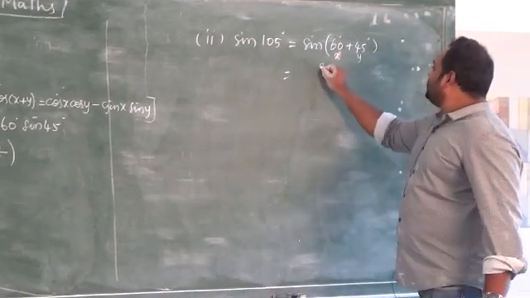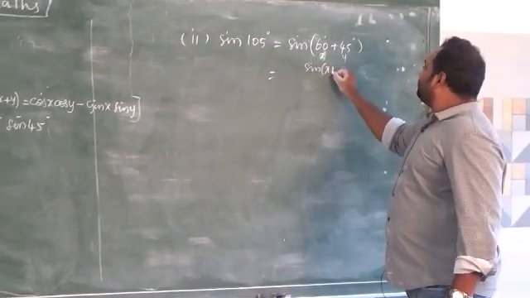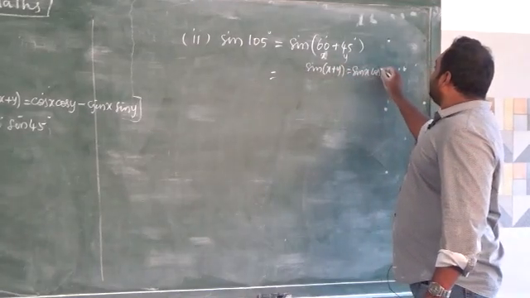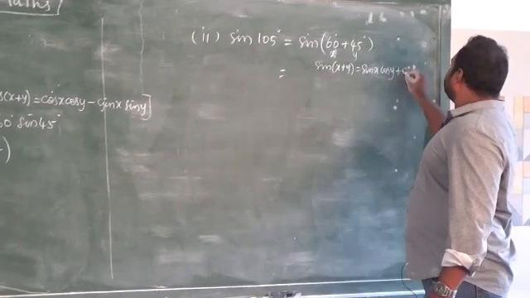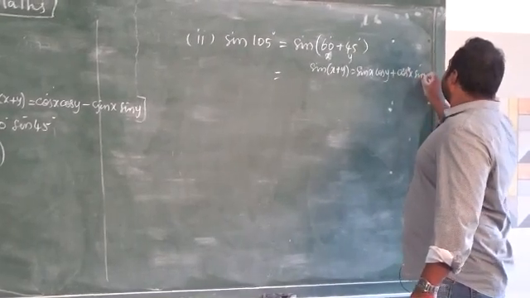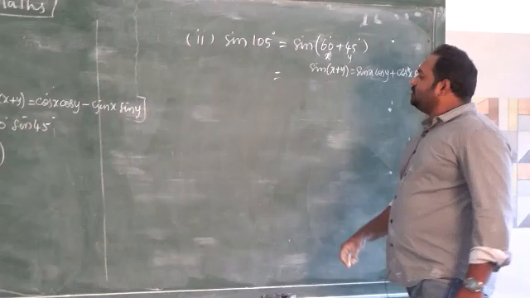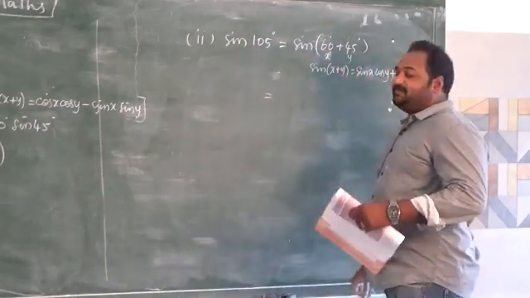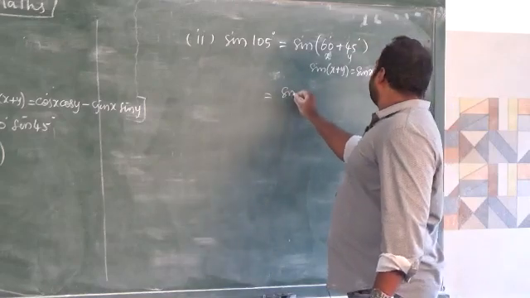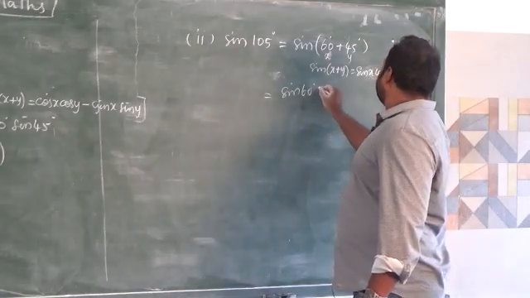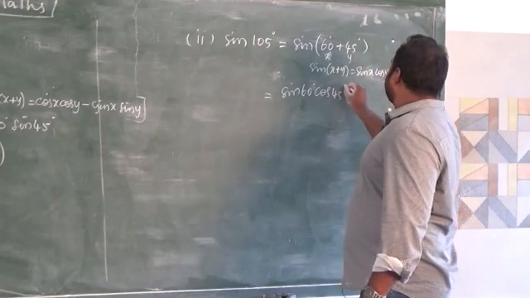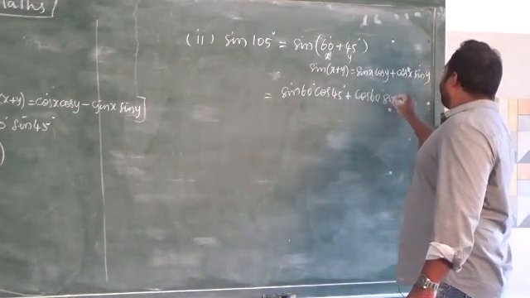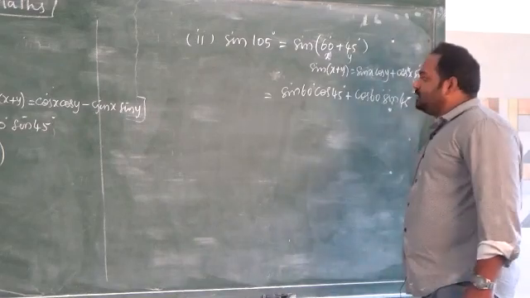The formula is sin of x plus y is sin x cos y plus cos x sin y. Using this formula, I am going to split sin of 60 plus 45. Sin 60 cos 45 plus cos 60 sin 45.